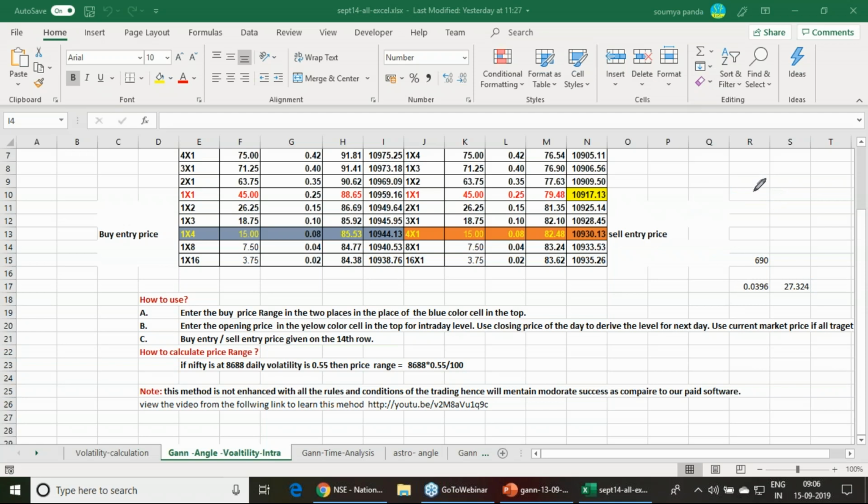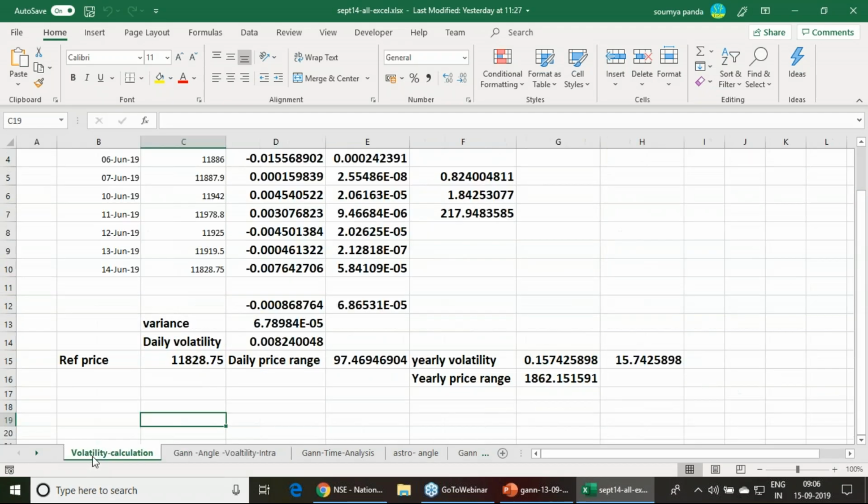Now the question is how we can utilize this with respect to volatility. For that you require the volatility calculation.